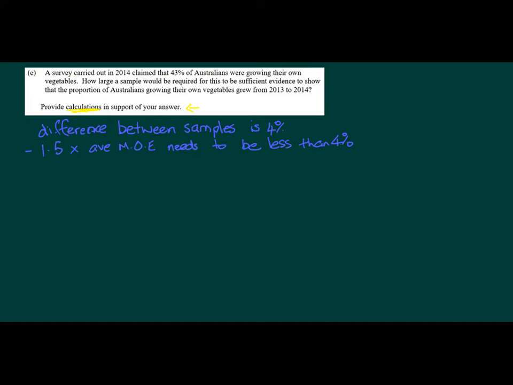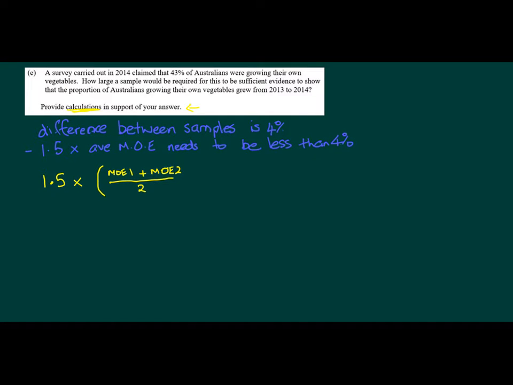Okay, so we know that is the difference between the samples, so therefore we can construct a formula here. So we could say that 1.5 times the average MOE, which is MOE 1, or the first MOE, plus MOE 2, divided by 2.